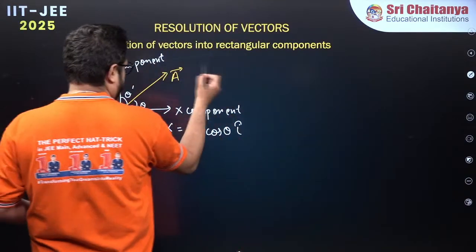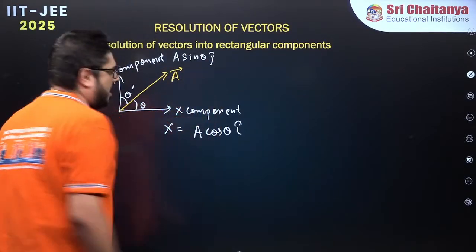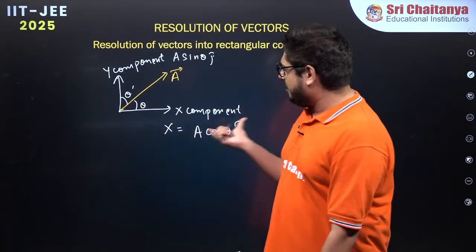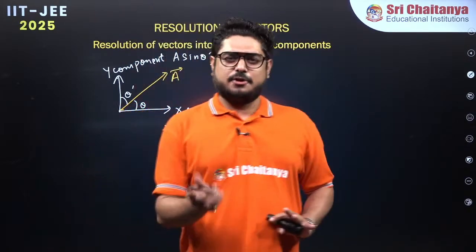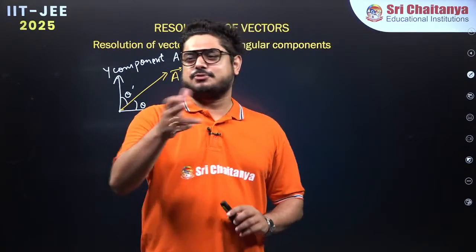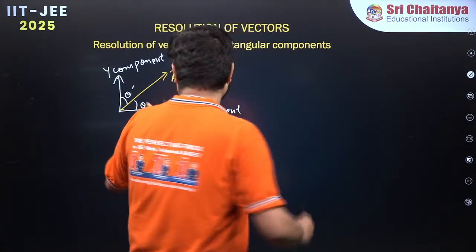Similarly, this y component can be written as A sin theta j cap. Now you must be wondering, sir, how am I getting A cos theta i cap, A sin theta j cap directly? Is the x component always going to be A cos theta, and the y component always going to be A sin theta? No, it depends. How? We'll try to analyze this.